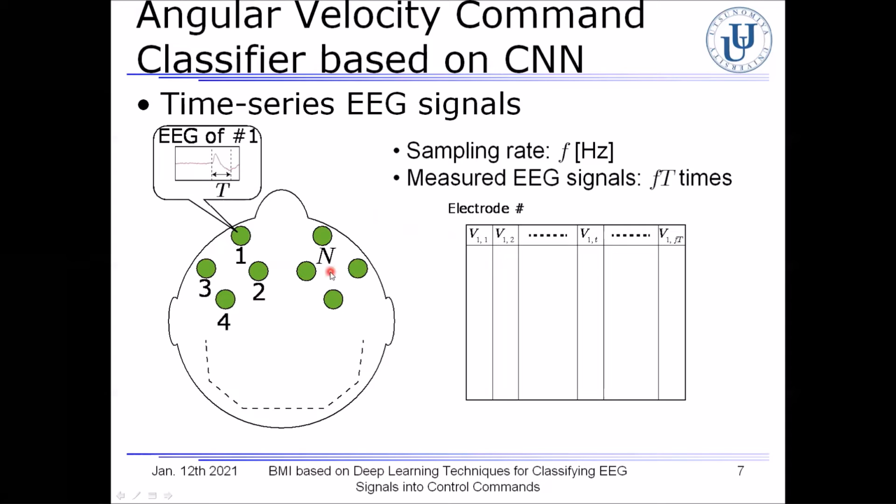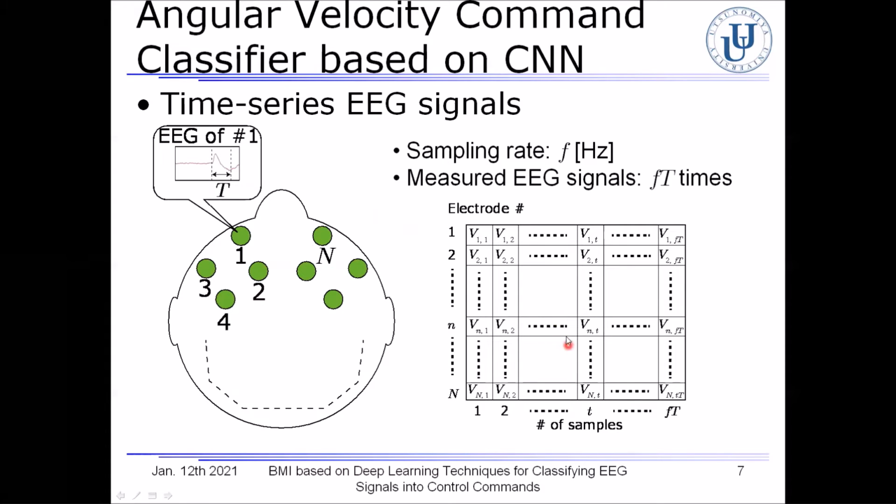And for n electrodes, the input format is a two-dimensional array. Here, V_n,t represents the potential measured at the t-th sampling step by the n-th electrode.